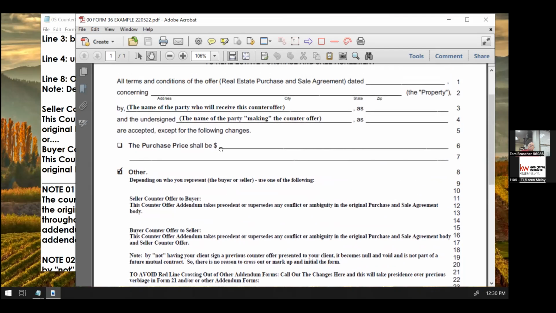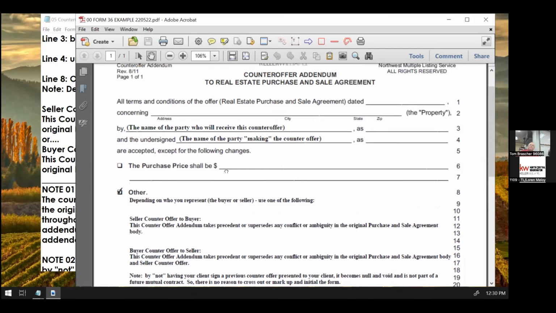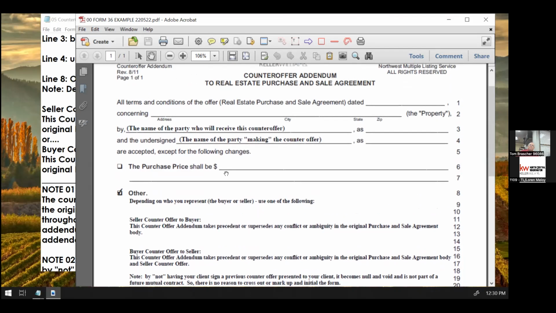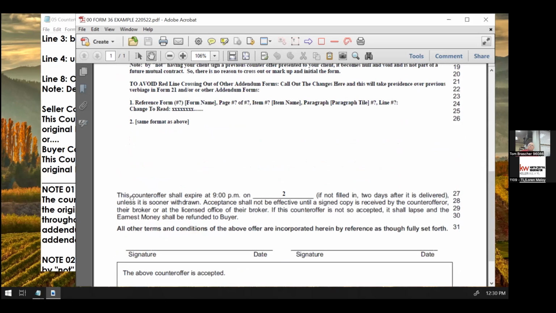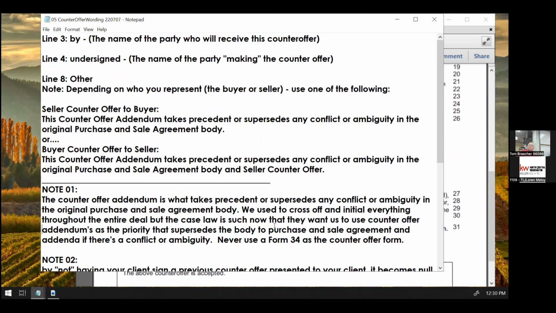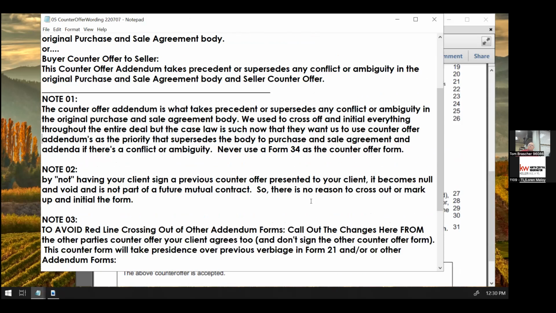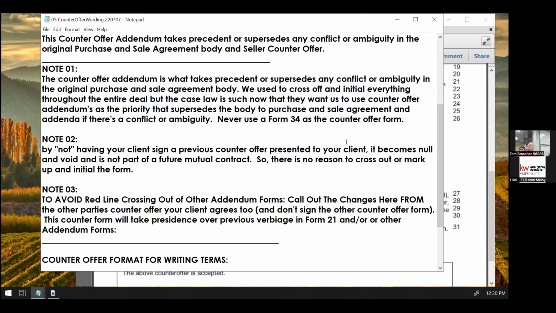And so the rest of that is in the note down below underneath this form. There are 3 things here that are really important. One, the counteroffer supersedes everything that's written.